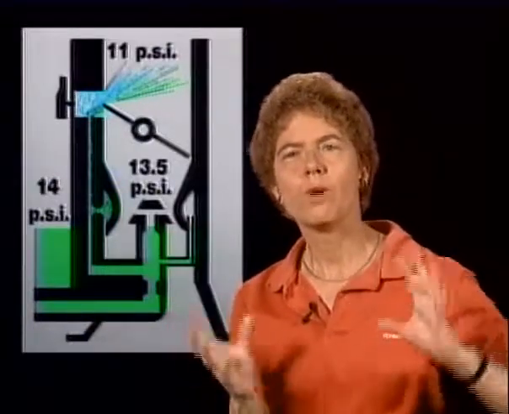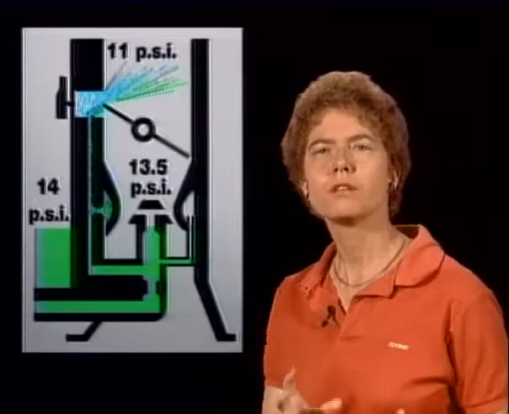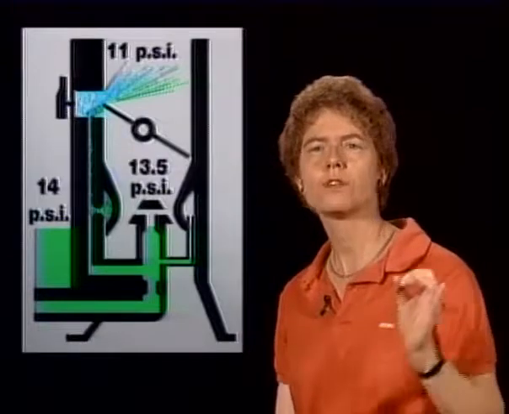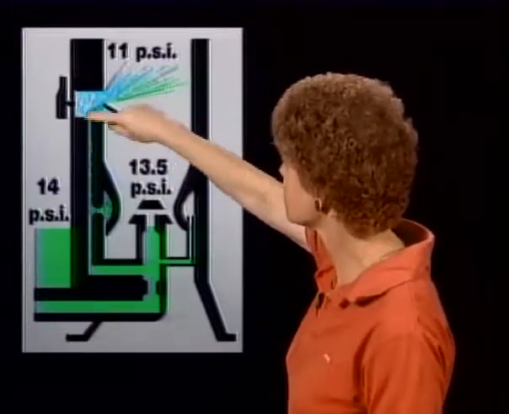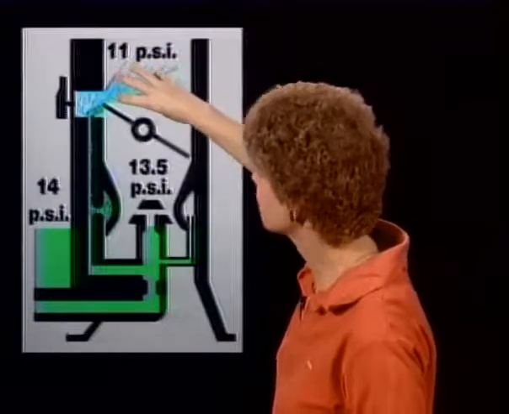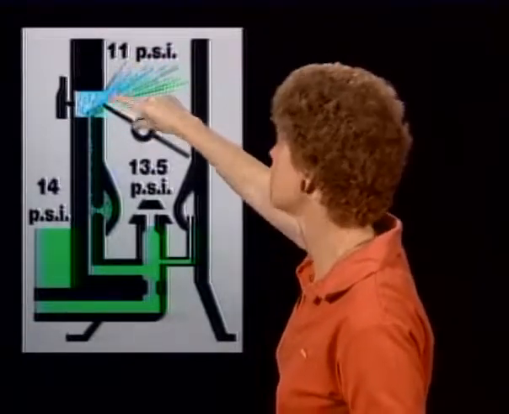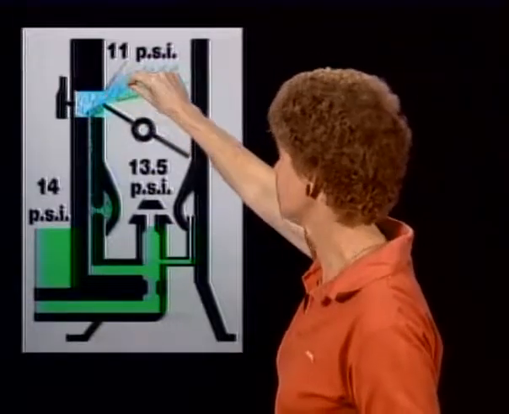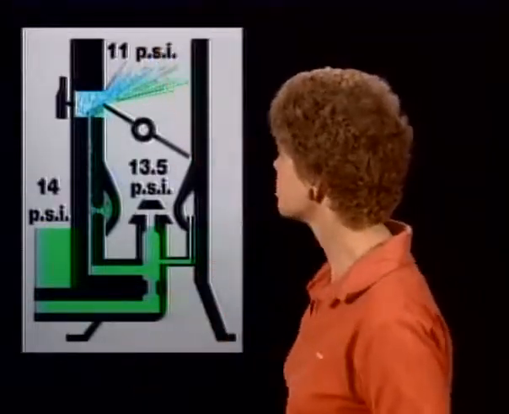So the quantity of fuel flowing through the idle discharge nozzle is dependent upon the position of the throttle valve, because the discharge nozzle is located right behind the throttle valve. And if the throttle valve is mostly closed, the idle discharge nozzle is exposed to the engine suction, the piston suction, which is a low pressure area.